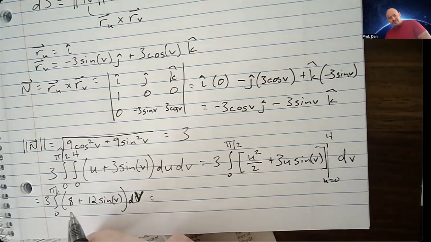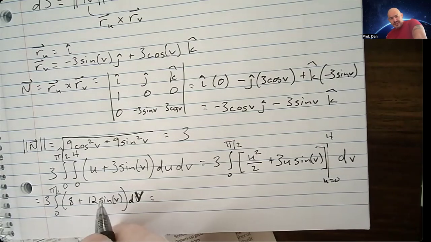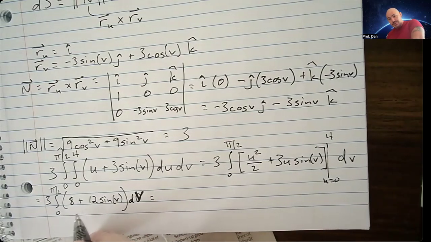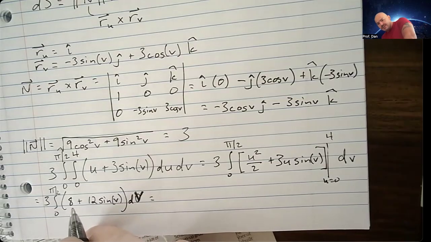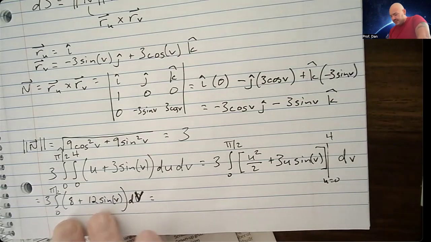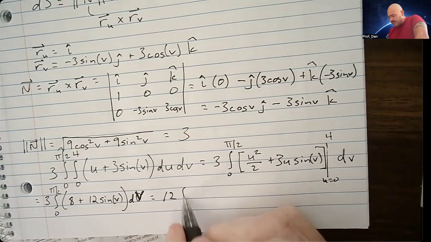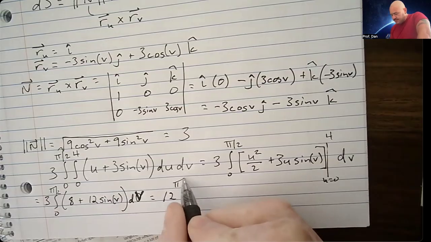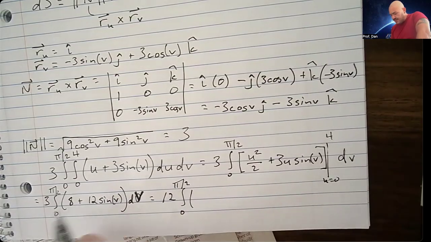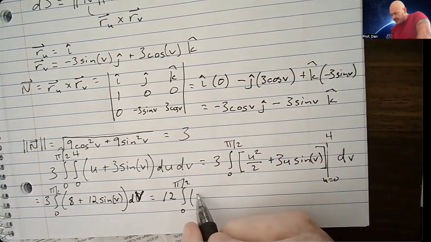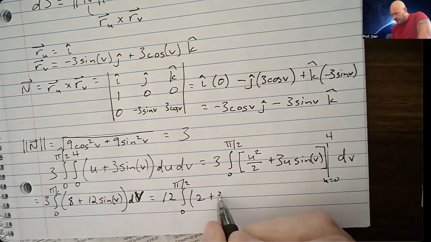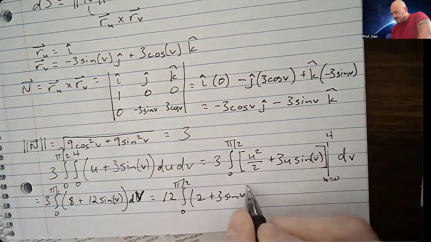At this point, I also notice that both of my coefficients are multiples of 4. So if I want to make it so that I'm dealing with smaller numbers, I can factor a 4 out. Multiplied by that 3 will leave 12 in the front. If I factor a 4 out, I'm leaving behind a 2 for the first term and 3 sine v for the second term.